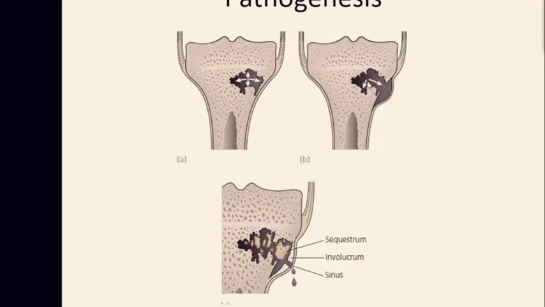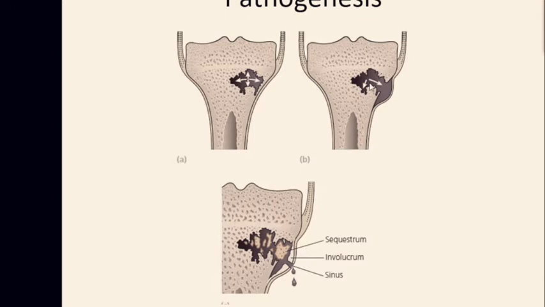The other route is that it can go directly to the medullary cavity. The other is that from this area it can go directly to the joint. Especially in the shoulder and the hip joint, where the joint capsule is not limited to the epiphysis but comes way down to the metaphysis, the infection from the bone can directly go to the joint.